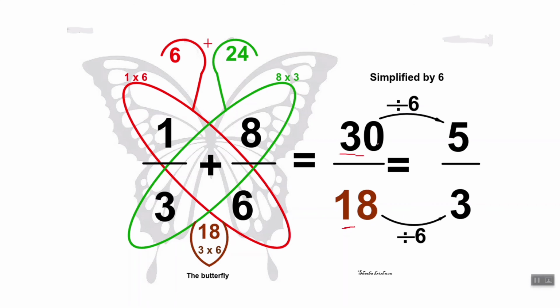That means we can divide the numerator and the denominator by 6. 30 divided by 6 is 5. 18 divided by 6 is 3. So we got 5 by 3. Now we can change this into a mixed number. So 1 2 by 3.